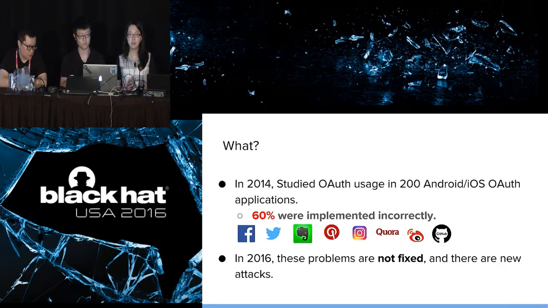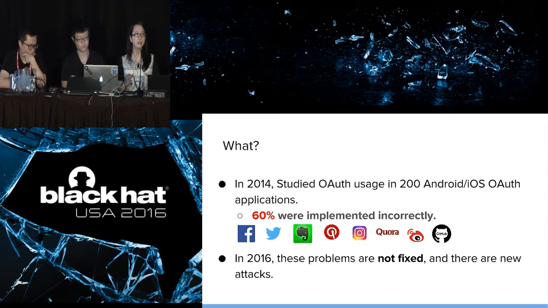Facebook, Twitter, Evernote, Pinterest, Instagram, these are just a few victims that could suffer from these attacks. We have a really long list to go. Now, after 2 years, when we look back at these problems, we found that they are not fixed, and there are more new attacks with OAuth.